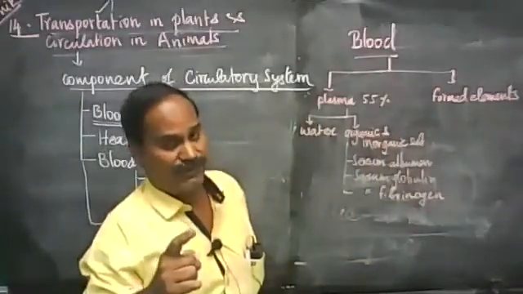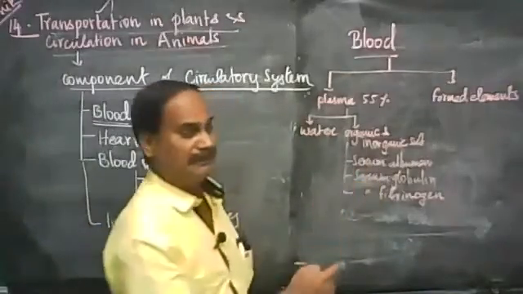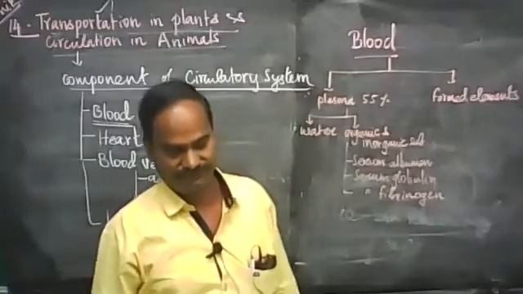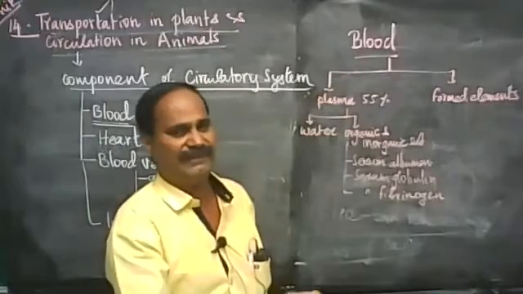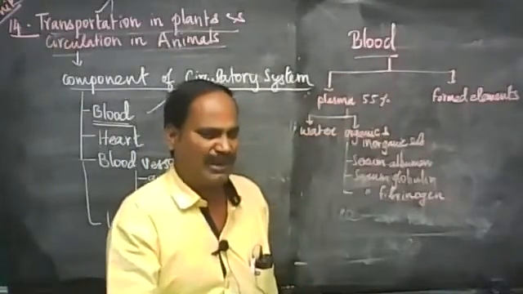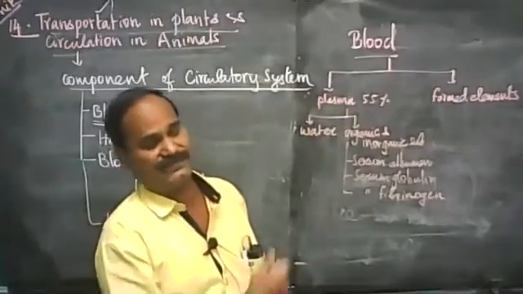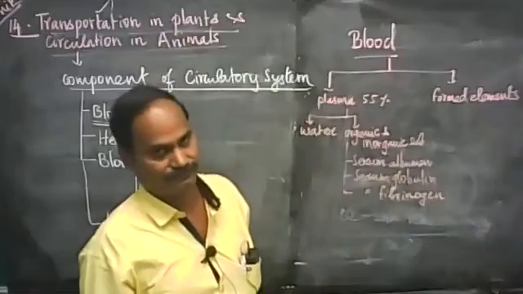These plasma proteins play a vital role. For example, serum albumin regulates the osmotic pressure of the cell. How does it maintain the water level in the cell? We have a constant amount of water inside the cell as well as outside the cell, and this is regulated by means of serum albumin.